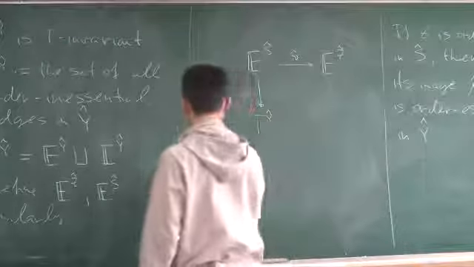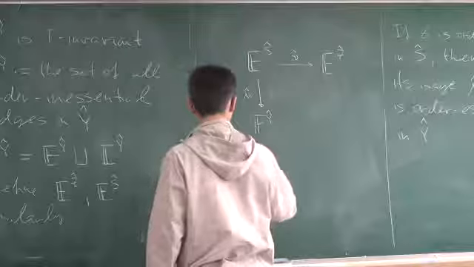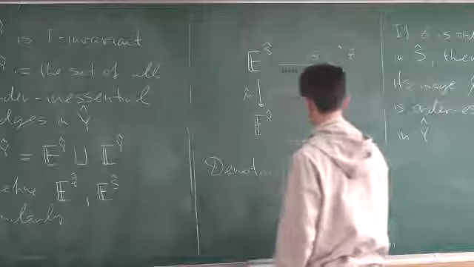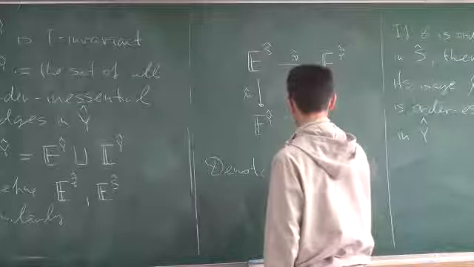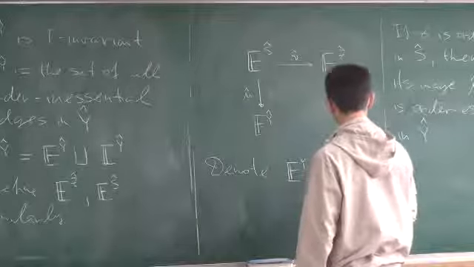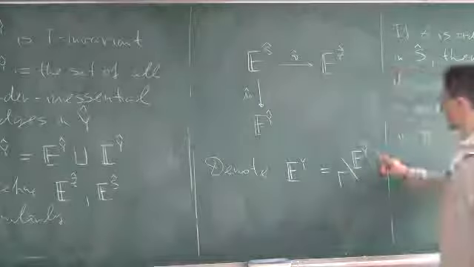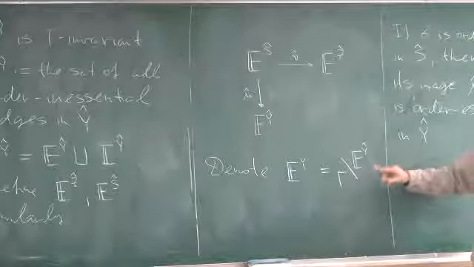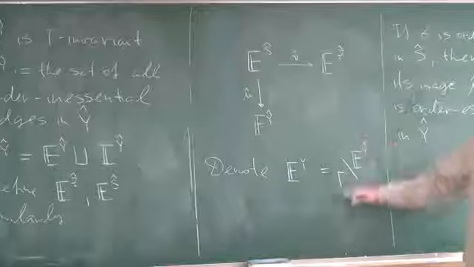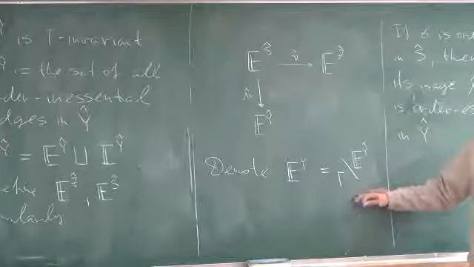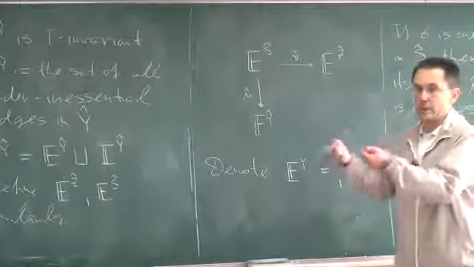So denote the bold font EY to be the quotient of EY hat. So this is a set of edges which is invariant under gamma. Just consider the set of all orbits, right? So each orbit you can view just as one edge.